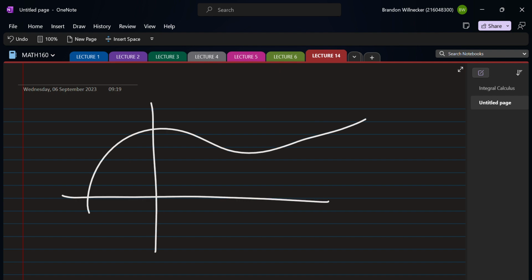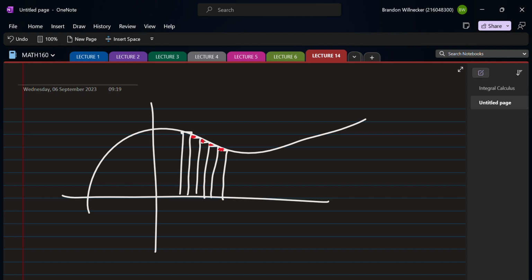Okay, again, we've got some function, and now we use very small rectangles. I won't draw all of them, just a few there. We see that if the rectangles get smaller and smaller, the error gets smaller and smaller as well. Now, what we do is we take the limit as the number of rectangles goes to infinity.